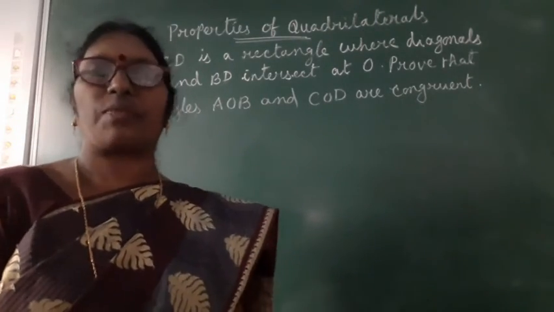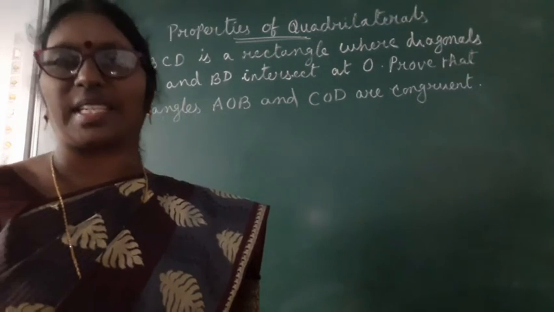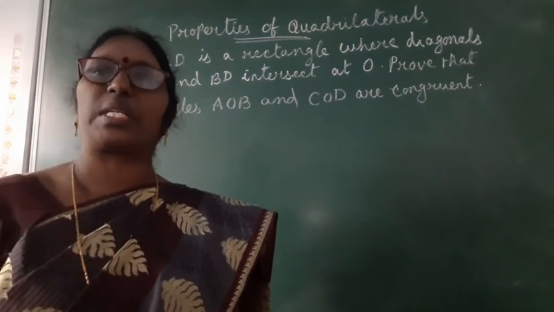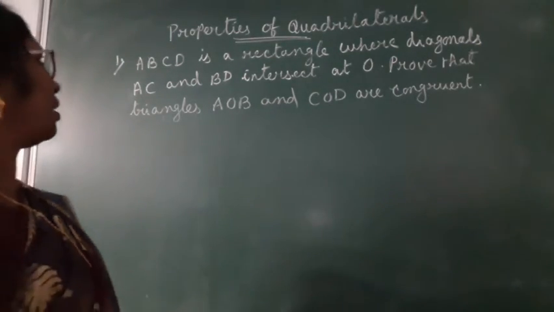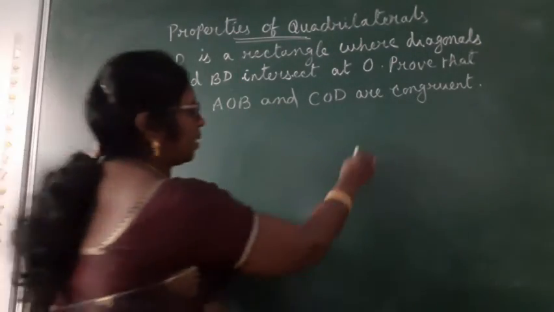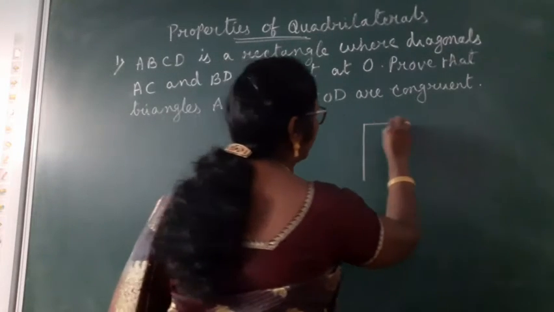When we read the question like this, we won't understand. These kind of questions, we have to draw the figure so that we will be able to understand well. ABCD is a rectangle. Let me draw a figure.